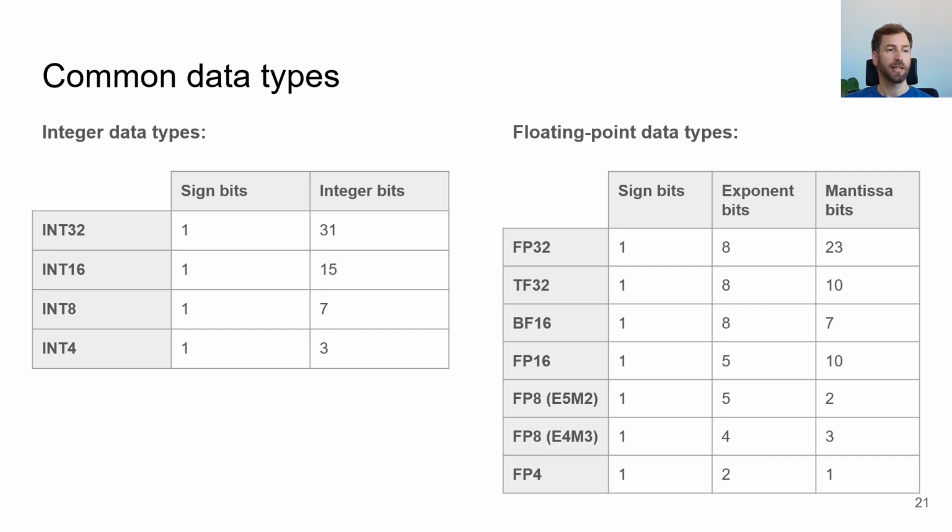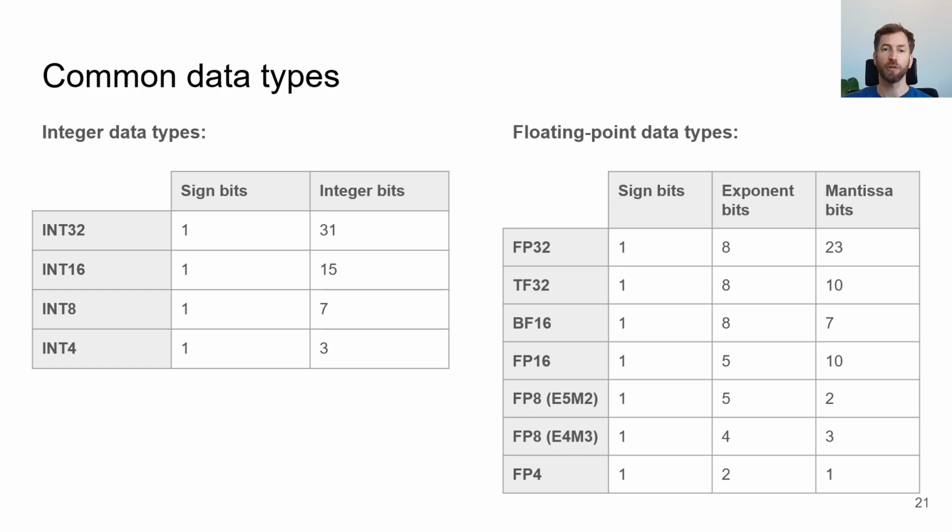For integer data types, the industry standard is integer 32 with 1 sign bit and 31 integer bits. And then we can go down all the way to int4 with 1 sign bit and 3 integer bits. For floating point data types, it's a little bit more complicated. So here again, we start with the industry standard, floating point 32, 1 sign bit, 8 exponent bits, 23 mantissa bits.